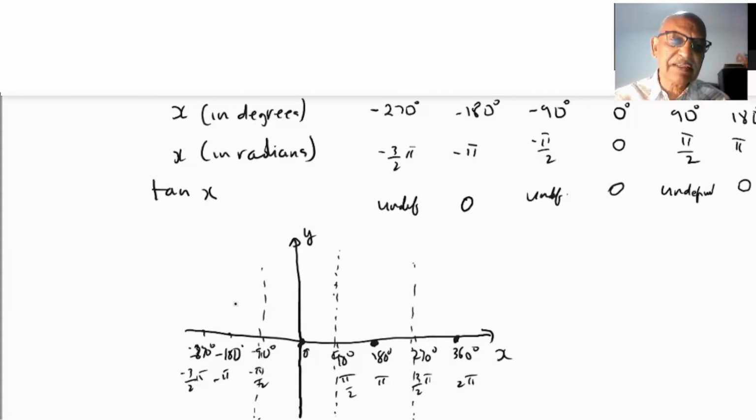Undefined means it's an asymptote. Minus 180 is 0. This is an asymptote.